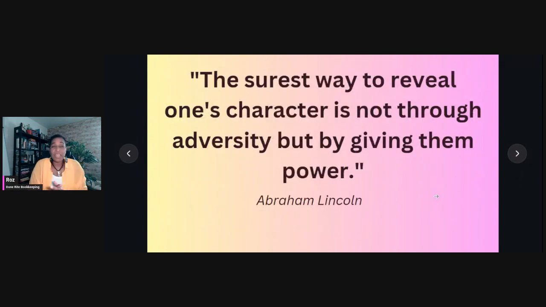So I leave you with a quote, motivation. I love to leave motivation or inspiration. The surest way to reveal one's character is not through adversity, but by giving them power. So think about that for a second. Someone who has never had power has to stay pretty much humble, right?